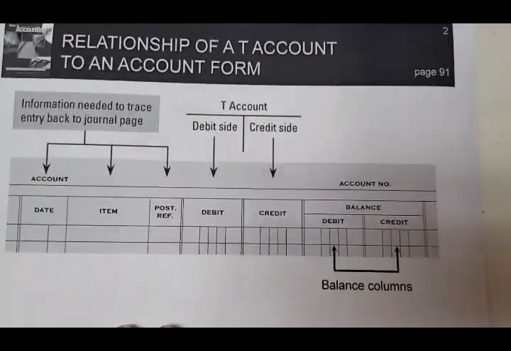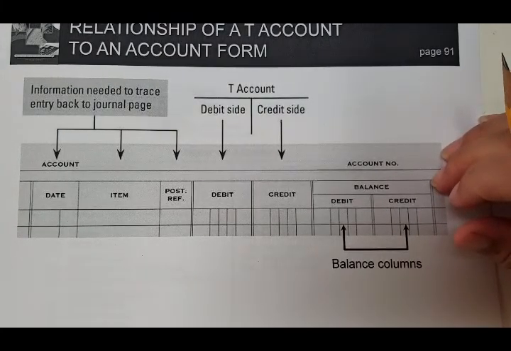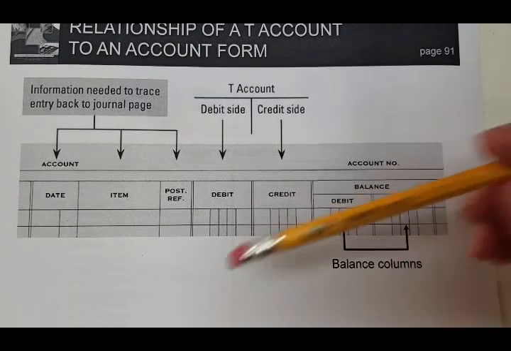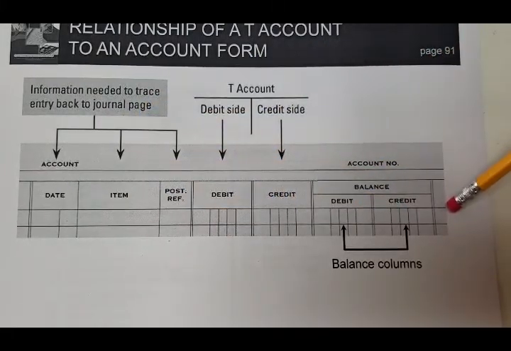So let's go ahead and take a look at a ledger form. Here is a ledger form. This is just like what's in your book. And we're going to use this to record everything that happens to one type of account.